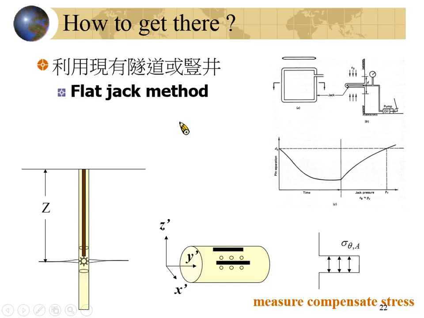When it goes back to the original distance, you record the pressure of the jack. This will be the compensated stress that makes the rock surrounding the slot go back to the original position.